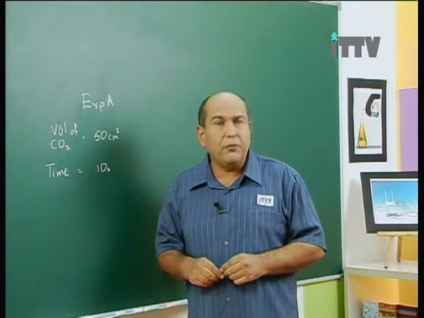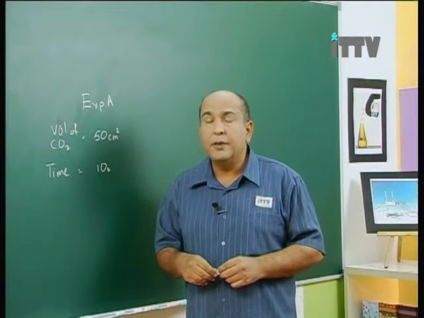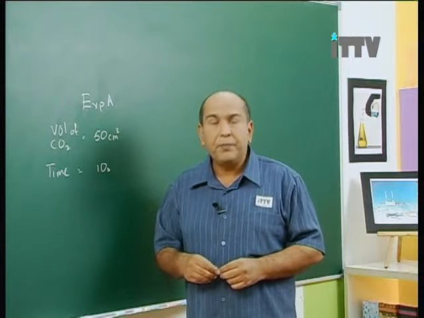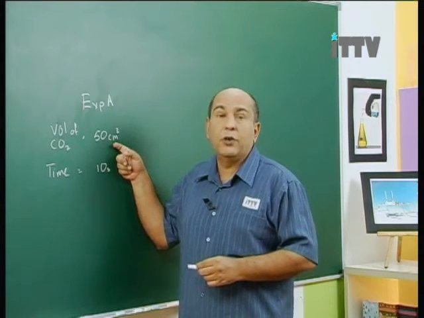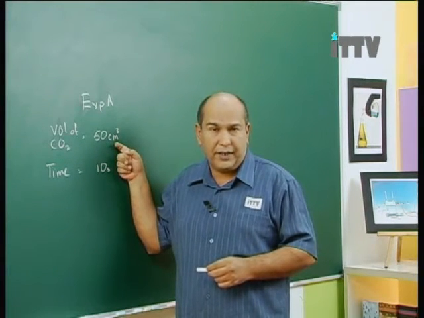To calculate the rate, remember what we do is we take the product or the reactant produced or used up and divide it by the time. In this case, we are looking at the product that was produced, which is the volume of carbon dioxide.